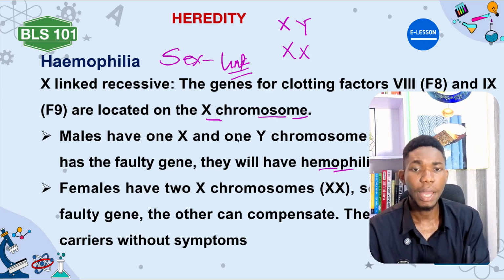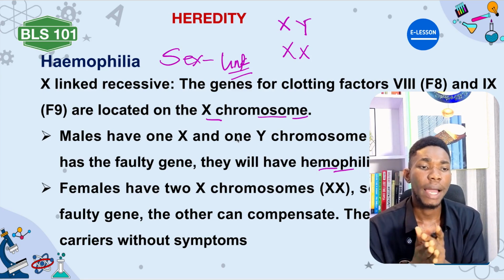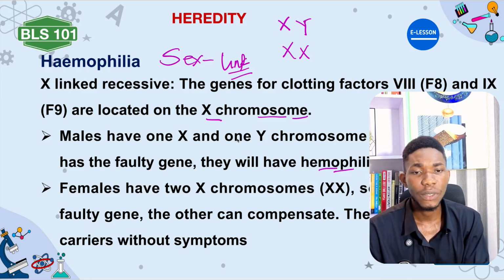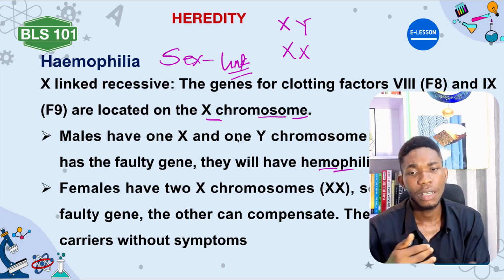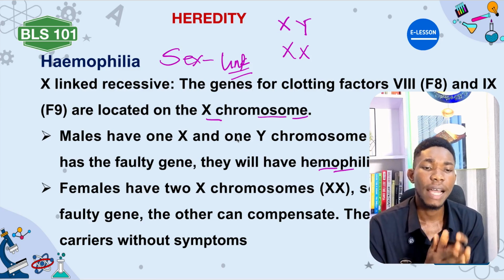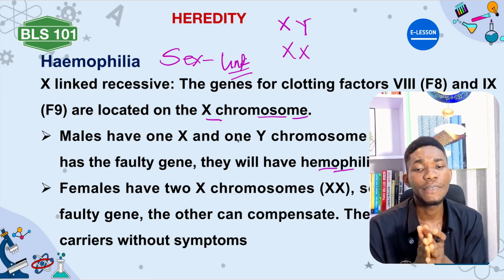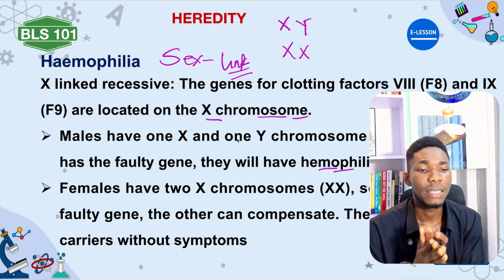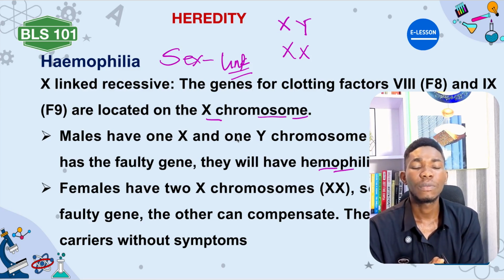Do you understand? So males have X and one Y chromosome. If their X chromosome is faulty, they will have hemophilia. But females have two X chromosomes, so even if one has the faulty gene, the other can compensate. They usually become carriers without symptoms.